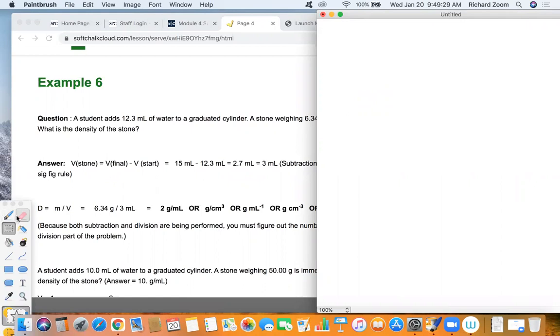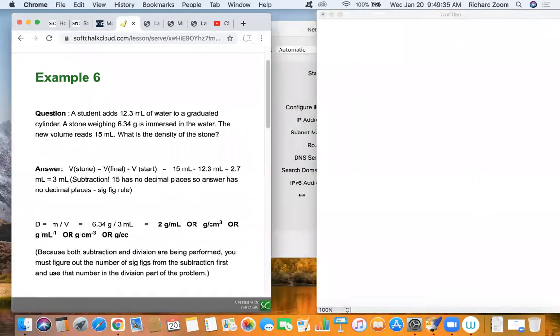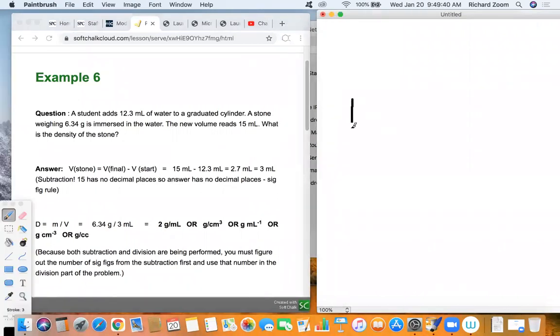The nature of this kind of problem is that we've got a graduated cylinder, not a very good graduated cylinder, and it's going to have a certain amount of water in it. In this case, it's 12.3 mLs.